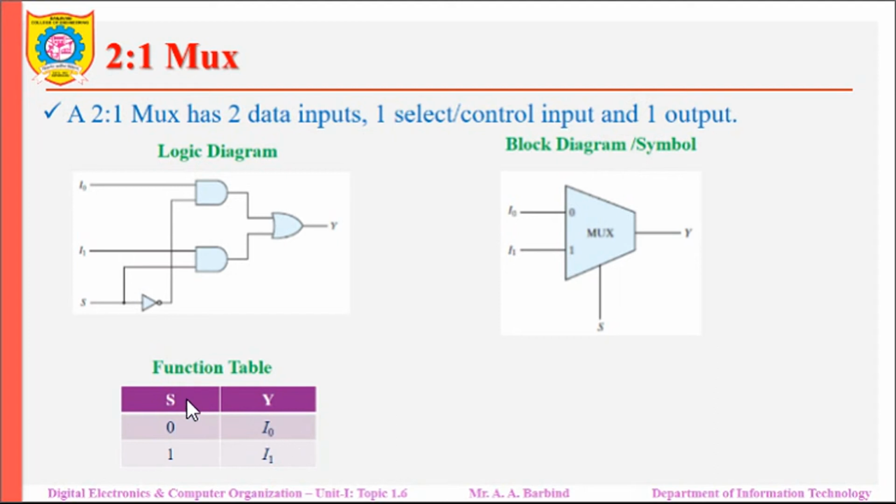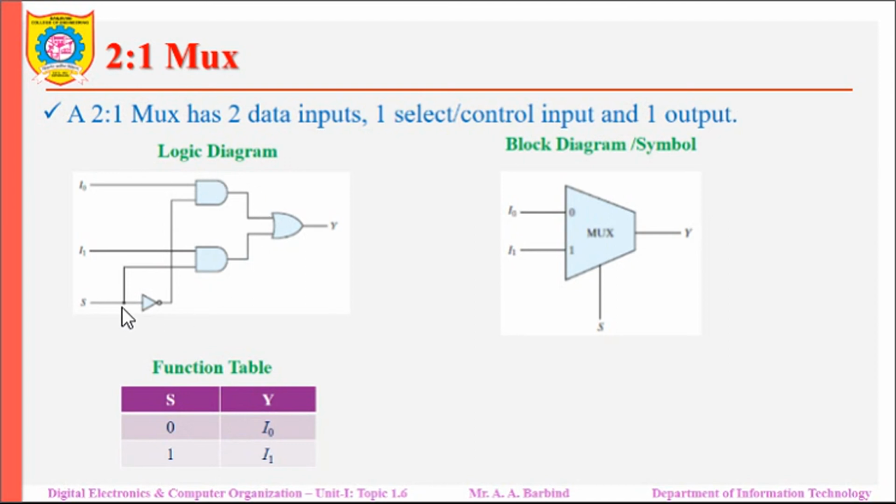That means when S is equal to 0, the select line selects the I0 input, and whatever data is there on the I0 input will appear on the output, that is Y. When S is 1, then this select input selects I1, and whatever data is there on I1, 0 or 1, will be transferred to the output Y. So when S is 1, the output is I1. When S is 0, the output is I0.